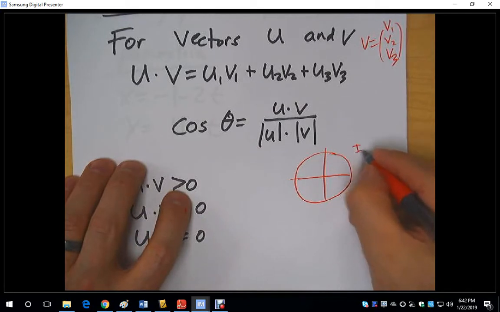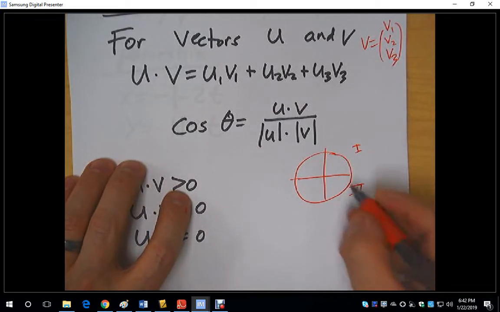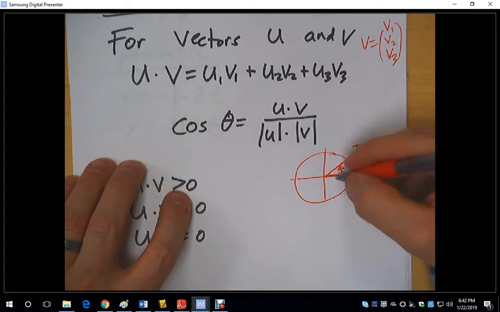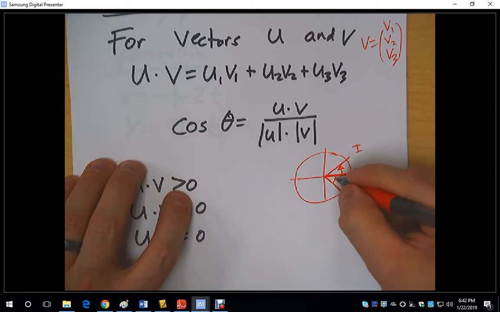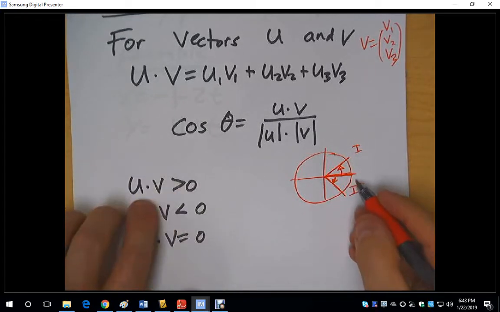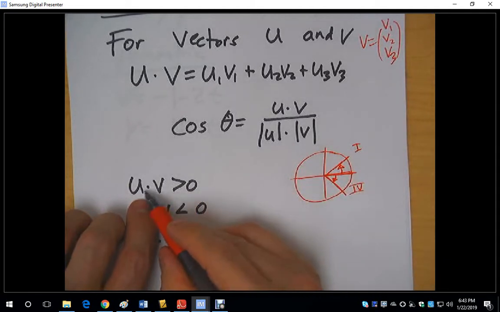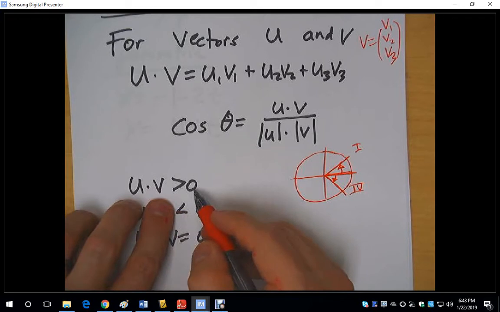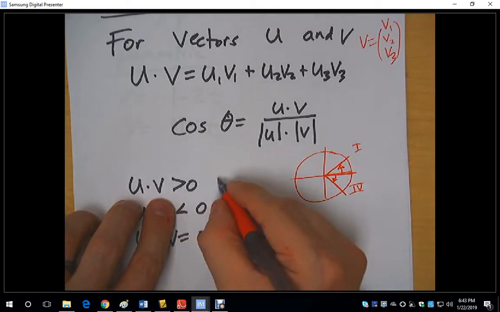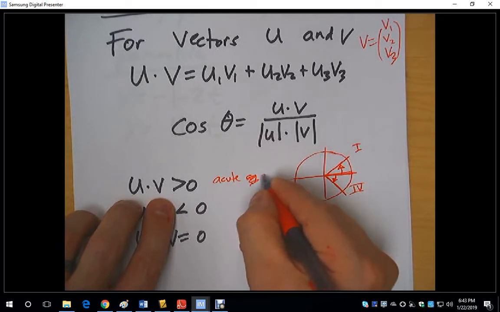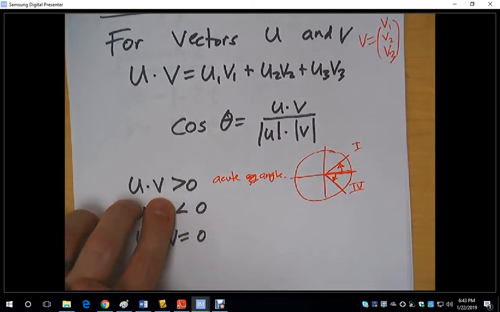In the first and the fourth quadrant. So from our initial side, when we rotate and our terminal side is in the first quadrant, we have an acute angle. Or if we rotate and our terminal side is in the fourth quadrant, we also have an acute angle. So what it means for u dot v, the dot product of our two vectors, to be greater than 0 is that we have an acute angle.